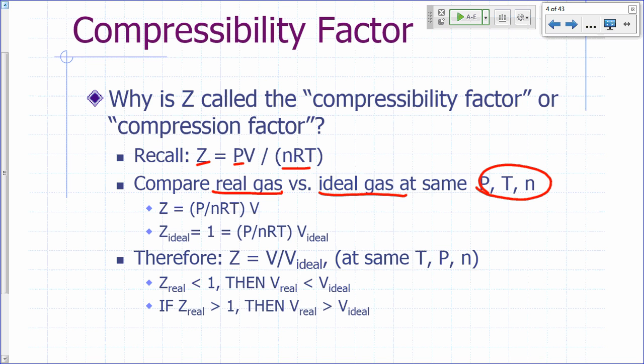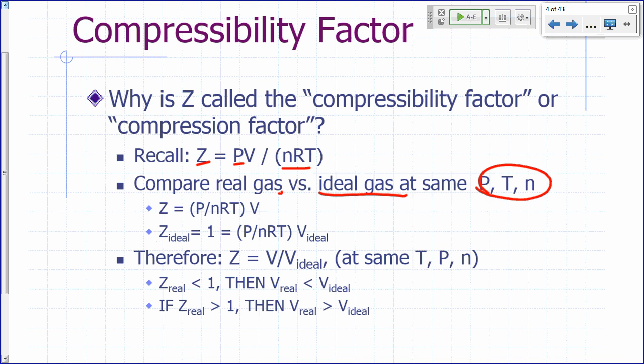So Z for a real gas would be pressure times volume over nRT, and this volume right here is the real volume. Now, if it were ideal, then Z would be equal to 1, so pressure times the ideal volume over nRT would be equal to 1. So what can you show from here?